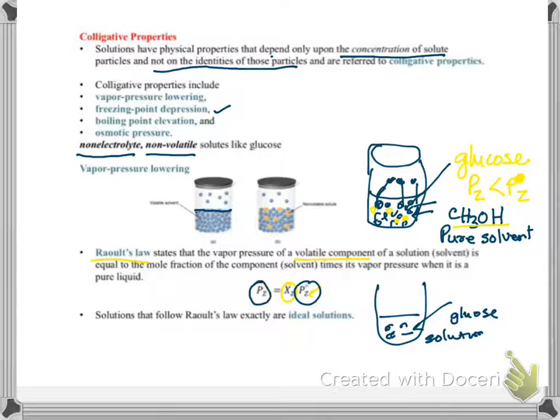Basically, when we are talking about the vapor pressure of the solution, we are talking about the vapor pressure of methanol in solution, because glucose is non-volatile. The vapor pressure of the volatile component of a solution is equal to the mole fraction of the solvent times the vapor pressure of the pure solvent. The solutions that follow Raoult's law are called ideal solutions.